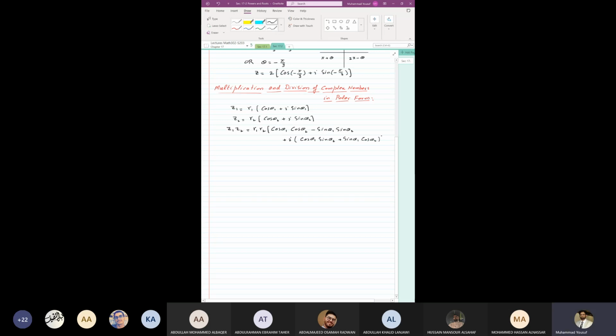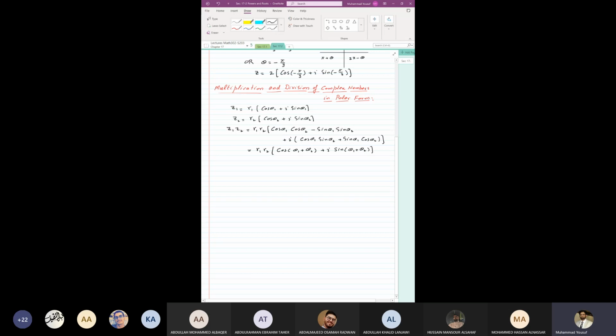So this is equal to r1 r2. And you know from the trigonometric identities that cosine theta 1 cosine theta 2 minus sine theta 1 sine theta 2 is cosine of theta 1 plus theta 2. Similarly, sine theta 1 cosine theta 2 plus cosine theta 1 sine theta 2 is sine of theta 1 plus theta 2.